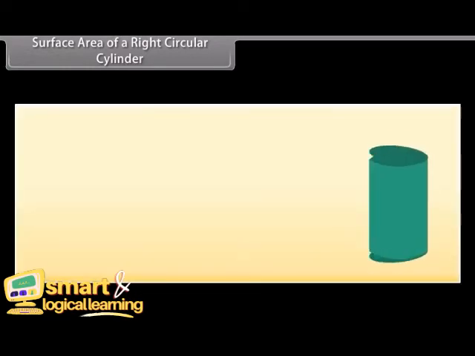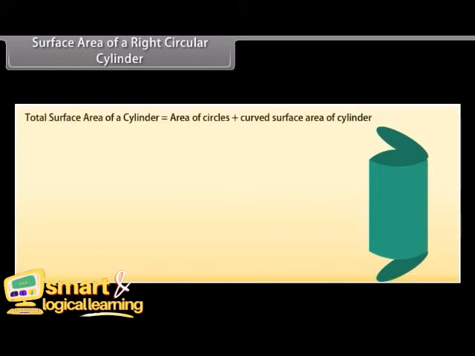And now if we cover the top and the bottom of the cylinder, we get its total surface area. Total surface area of a cylinder is equal to area of circles plus curved surface area of cylinder. This is equal to 2πr² plus 2πrh, which is equal to 2πr(r + h), where h is the height of the cylinder and r its radius.